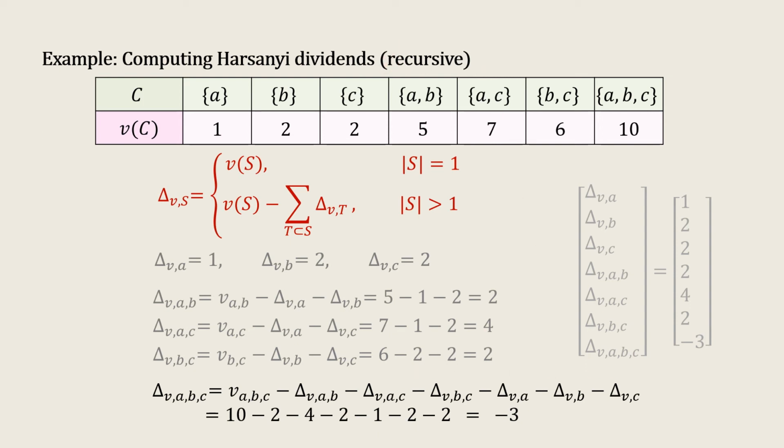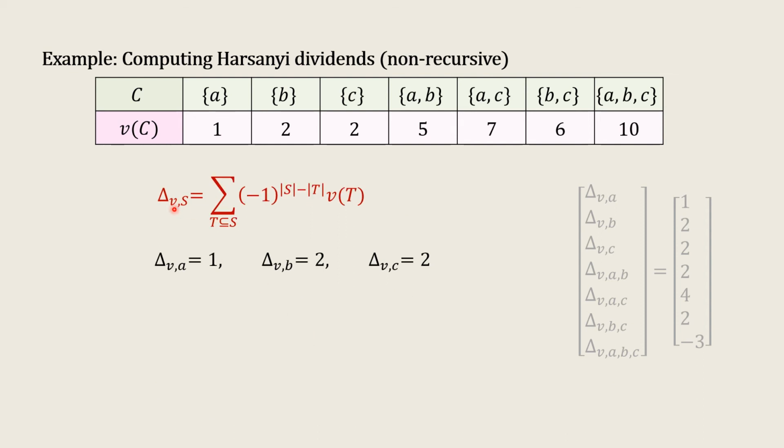Next, we look at the non-recursive expression. First, we'll take up the case where S has a cardinality of 1. So S can be A or B or C. When S equals A, it has only itself as its subset, and so T can only be equal to S. So this S minus T, the size difference, is 0.